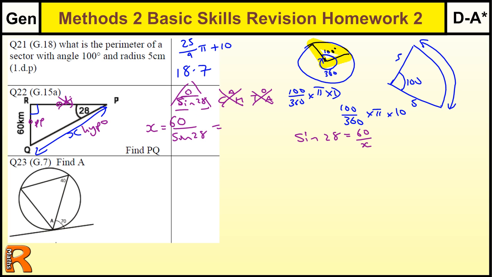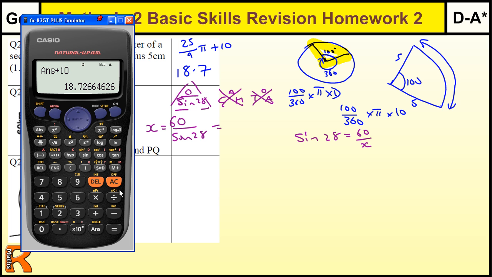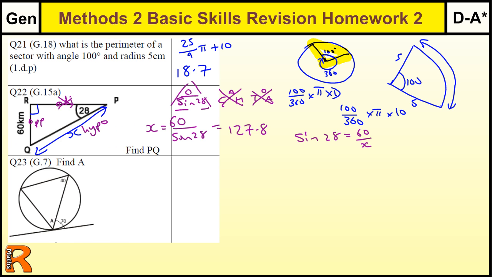So that's where that comes from. It's much easier if you use the formula triangle, but you don't really need to. So let's just divide by sine 28 and we get 127.8 to 1 decimal place, or 128 if you did it to 3 significant figures.